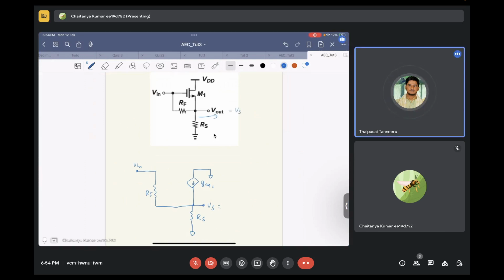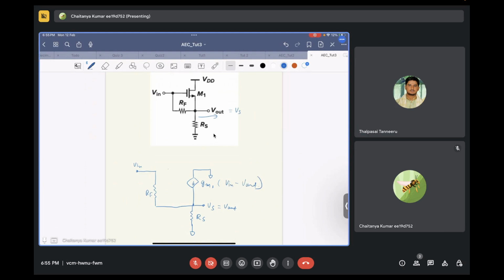It's simply V out, right? Yes, sir. The source voltage is only V out. So this is equal to V out. So what is the current that is flowing in this direction? GM1 times V in minus V out, sir. Okay.